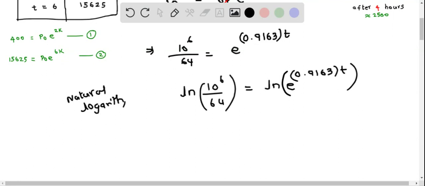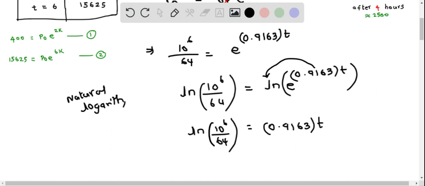As we have seen in problem 1, we can bring this power in front according to the power rule of natural logarithms. So this power, 0.9163 times t, is multiplied with the natural logarithm of e. We know the natural logarithm of e is 1, so we can simply ignore it, because 1 times this quantity leaves us with this quantity. And on the left side we have the natural logarithm of 10 power 6 divided by 64.